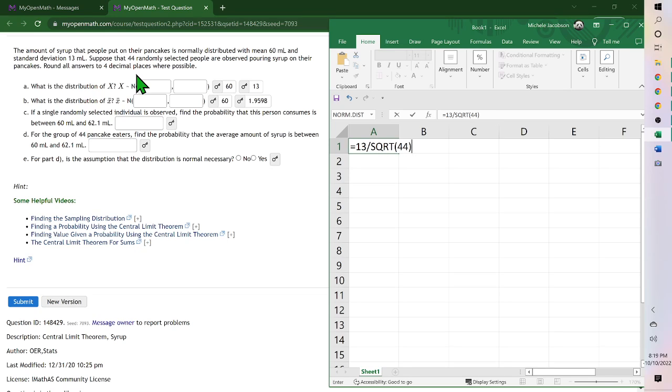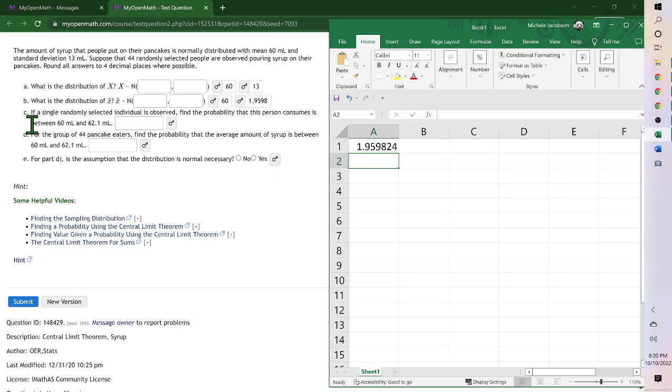Close the parenthesis and hit enter. So when you're taking a sample, you take the standard deviation divided by the square root of n. And that's how we got this.